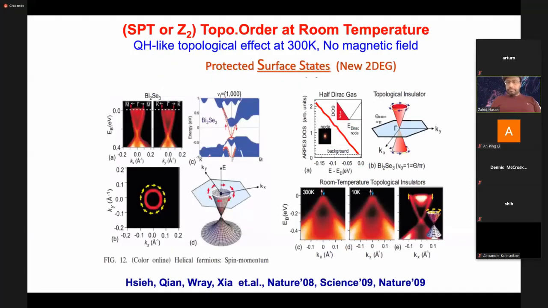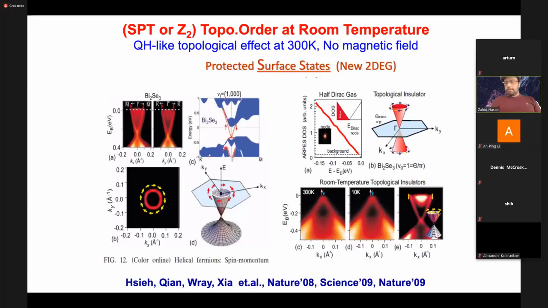Another amazing thing about these 3D topological materials is that these topological properties that I described so far, they all survive up to 300 K. So these are room temperature topological phenomena. And this is quite remarkable because there is no magnetic field.